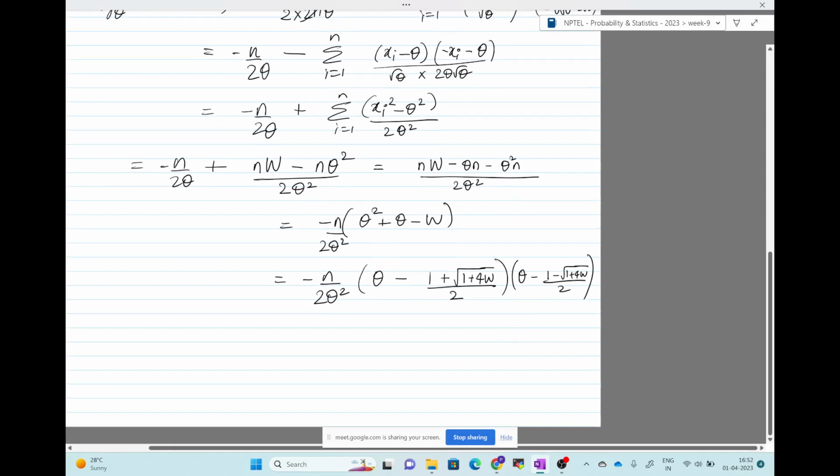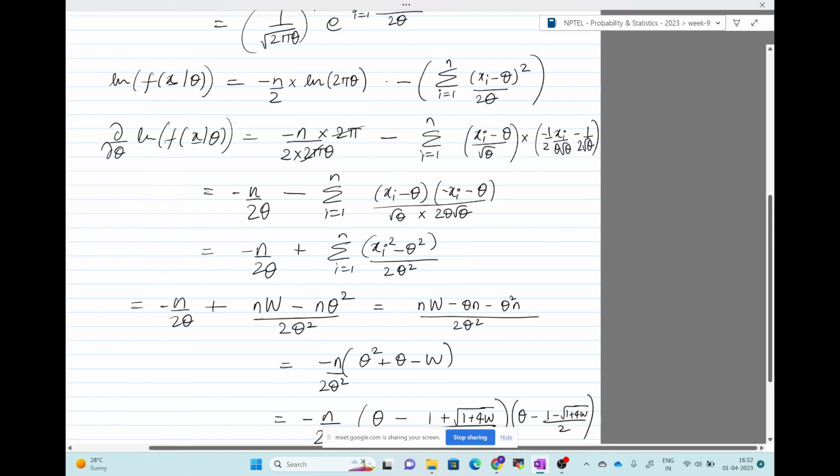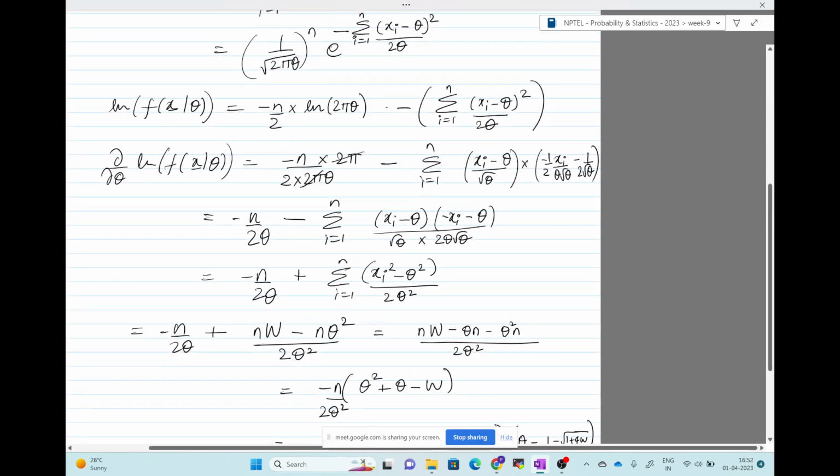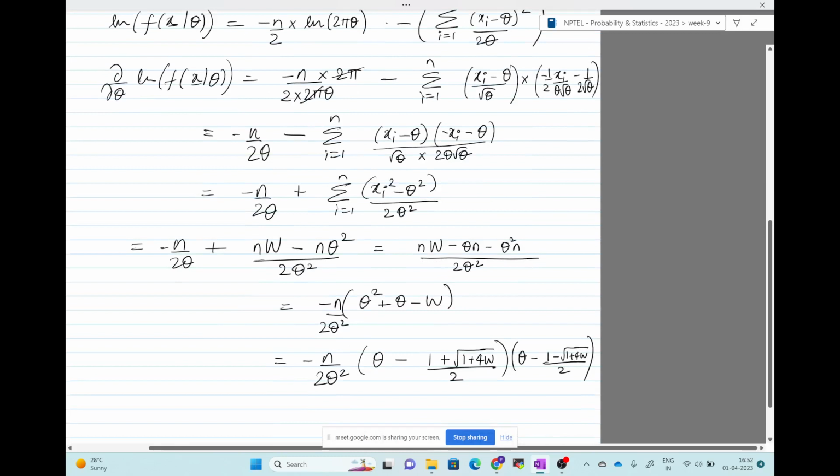So both of these values will make the derivative go to 0, but we want the one which maximizes this function. So at maximum, what do you want?